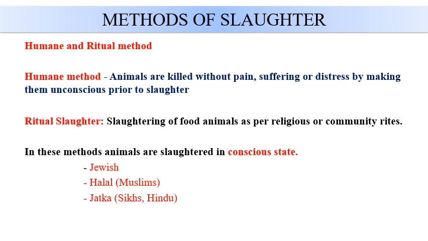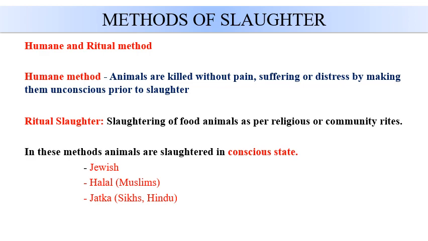This process of making the animal unconscious is called stunning, which we are going to discuss thoroughly later. And the other method is ritual slaughter. This is the slaughtering of food animals as per religious or community rites. There are different religious specifications about the slaughter which have to be followed as per the religion. Such methods are called ritual slaughter.